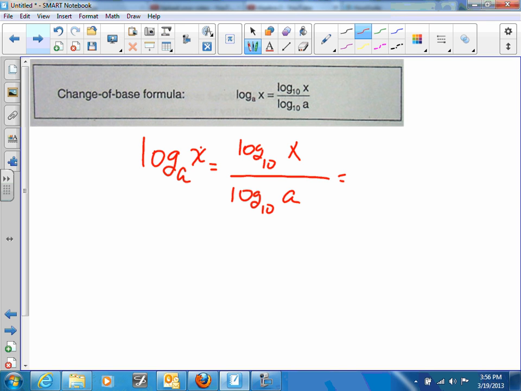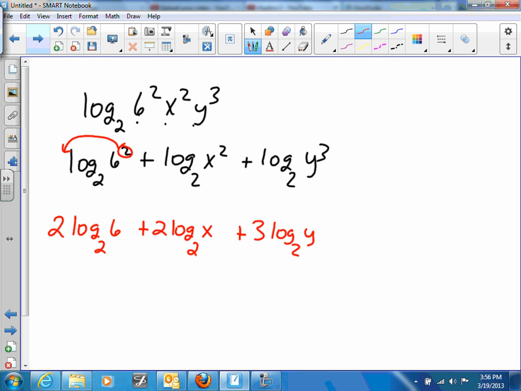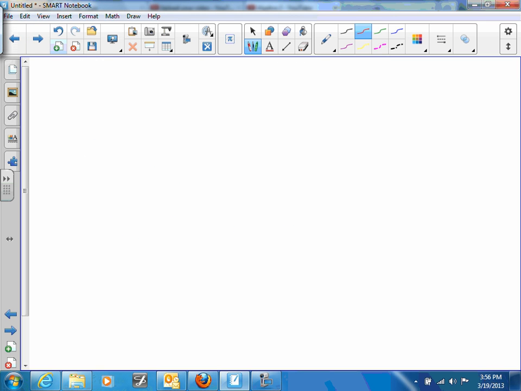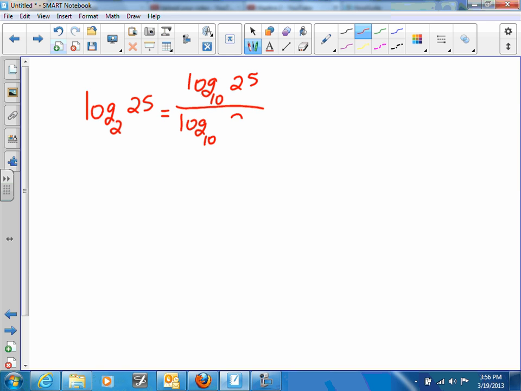So for instance, if I have log base 2 of 25, I simply write log base 10 of 25 divided by log base 10 of 2.